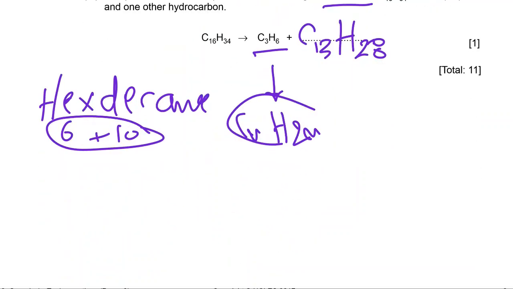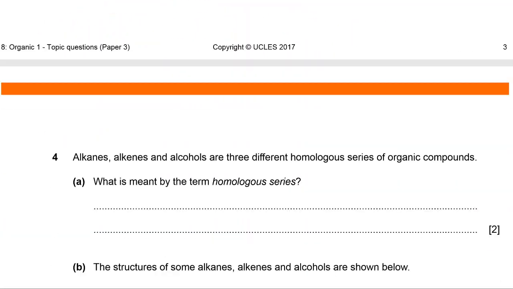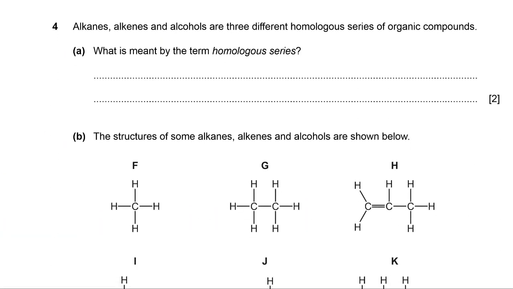Next question. Here there is another question which is about alkanes. Alkanes, alkenes and alcohols are three different homologous series of organic compounds. What's meant by the term homologous series? That means you need to say different family.